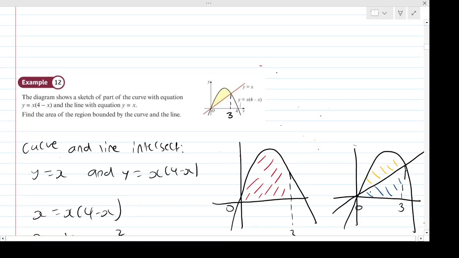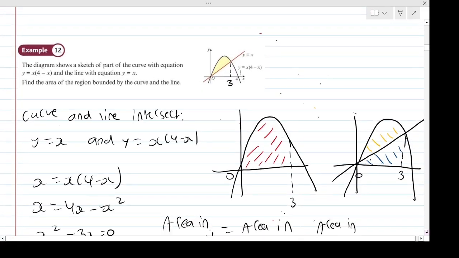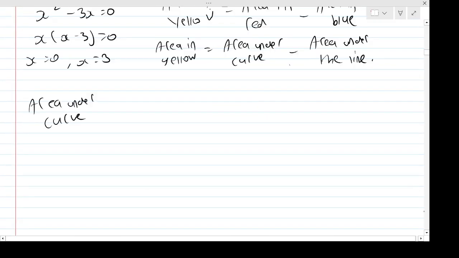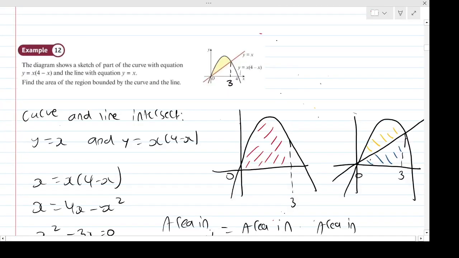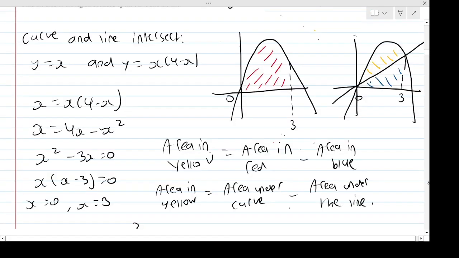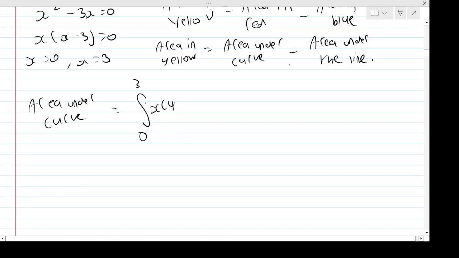If we look at the red diagram, the area is simply the integral between 0 and 3 of the curve, and the curve has the equation x(4 - x) dx.